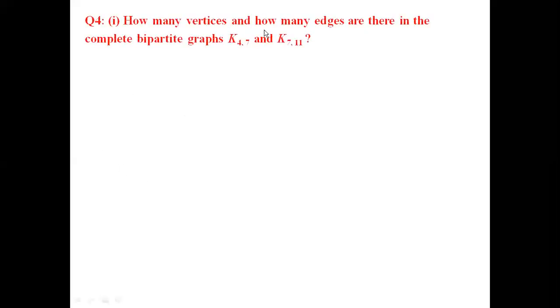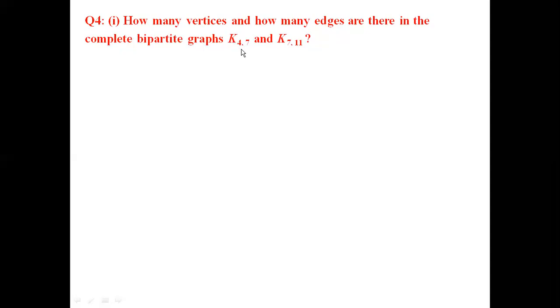How many vertices and how many edges are there in the complete bipartite graphs K4,7 and K7,11? We recall from the definition that a complete bipartite graph is usually denoted by K r,s.